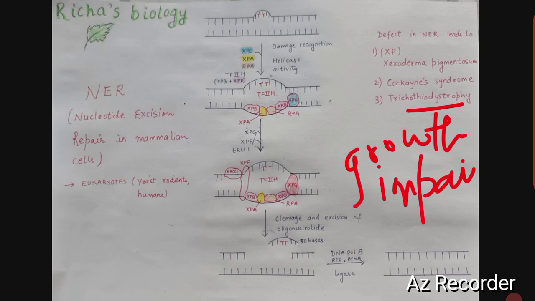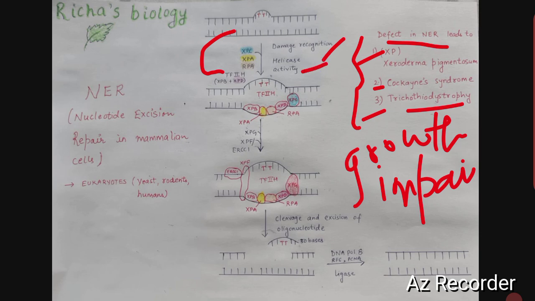So the next question which the CSIR can ask about this NER in mammalian cells is, if there is a defect in NER, how many diseases can occur? These three you have to remember: XP, Cockayne, and trichothiodystrophy. These three kinds of defects can occur. So I taught you about the two common questions they can ask. First, the series of proteins: how the damage will be recognized, which activity they are doing, that is helicase activity.